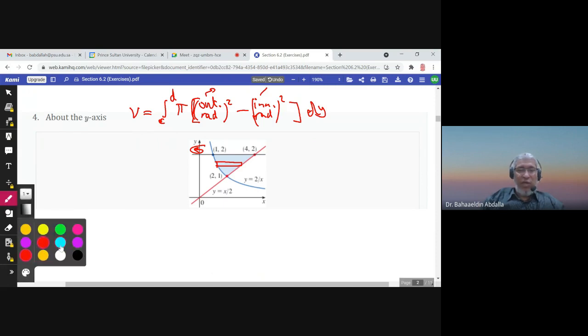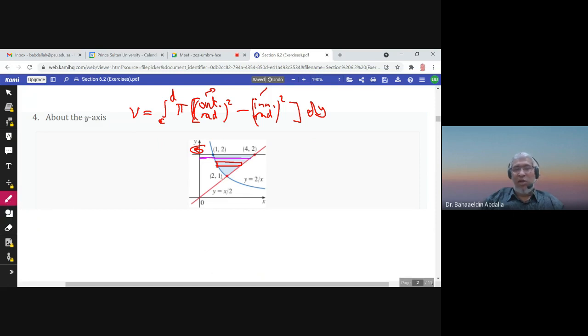Well, the outer radius: you start from the axis of rotation, you go to the outer curve. This is the outer curve. So think of this distance and try to find the outer radius. You need to think a little and consider everything. Well, this distance is equal to x.